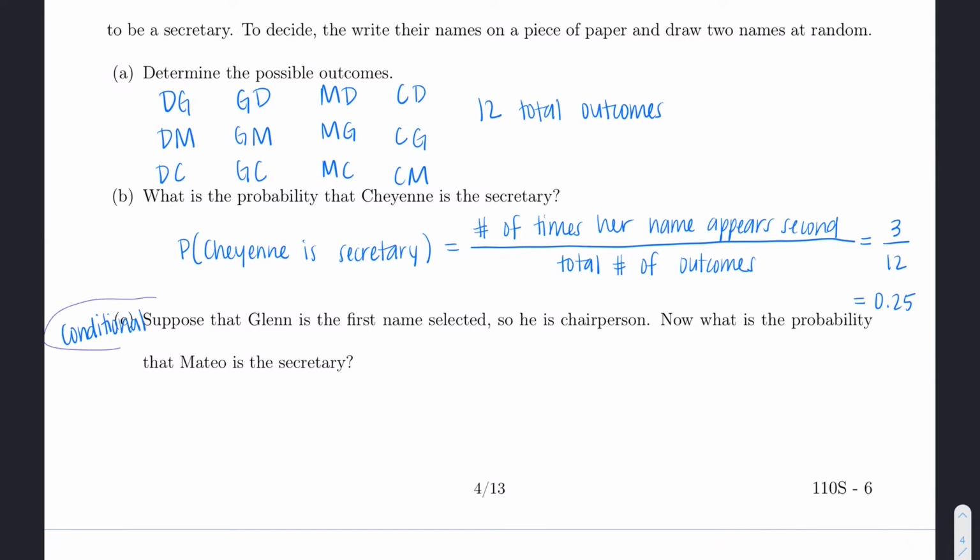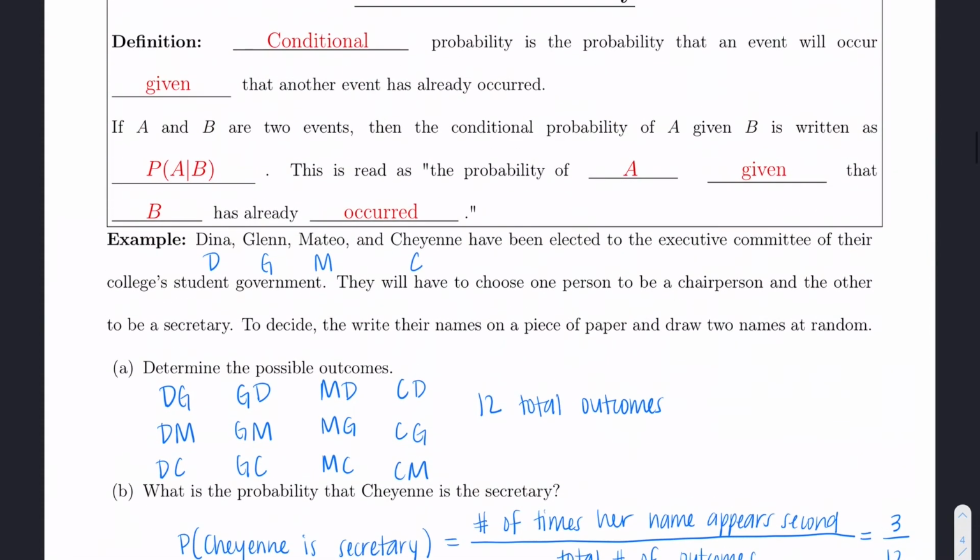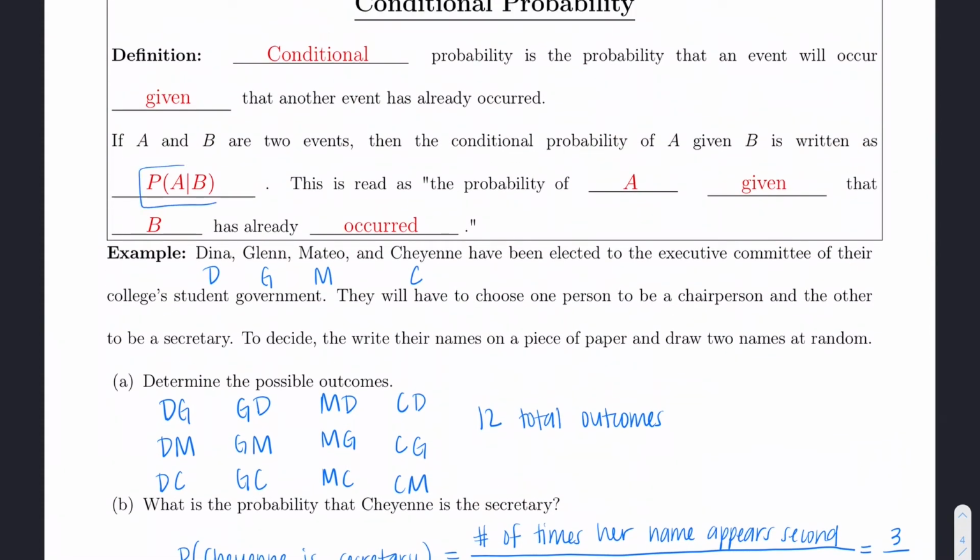If you think about this, we're finding the probability that Mateo is the secretary on the condition that Glenn is the chairperson. If I go back up here and look at this probability notation, it's read as the probability of A given that B has already occurred. In this case, A would be Mateo being the secretary given that Glenn is chairperson.